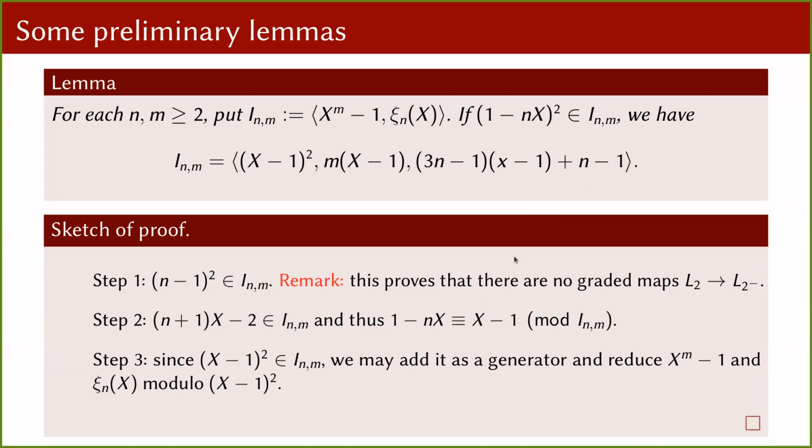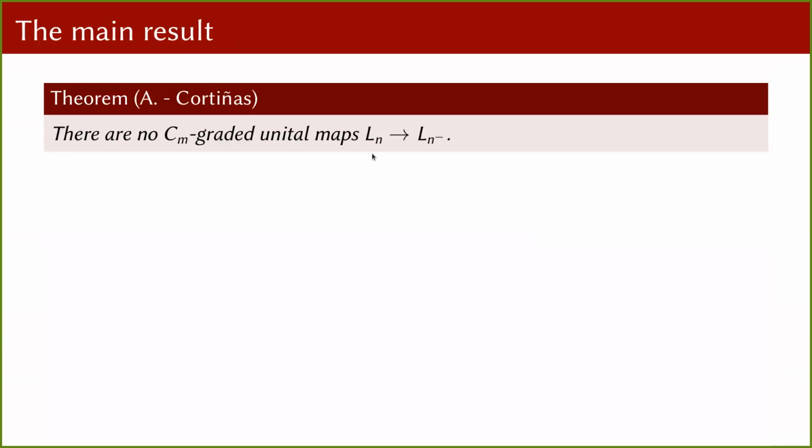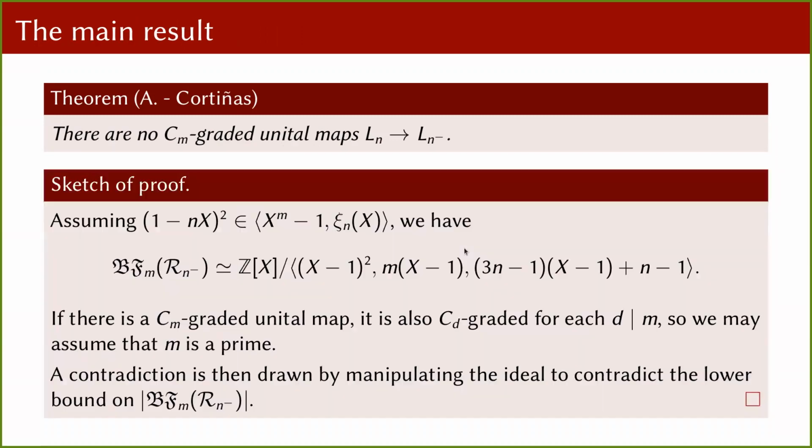Okay, and with that, we are ready to state the result. So there are no CM graded unital maps from Ln to Ln minus. Then the first lemma shows that 1 minus x squared is in this ideal.